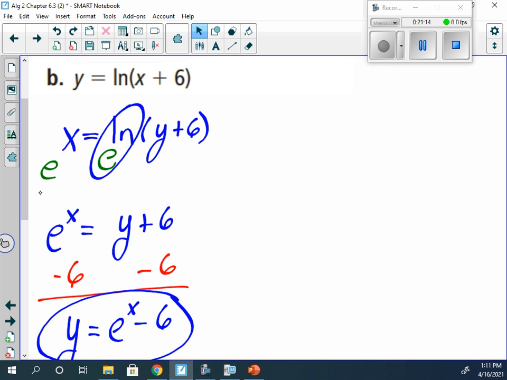Natural log of x plus 6, e to the x minus 6. That's on the other screen.